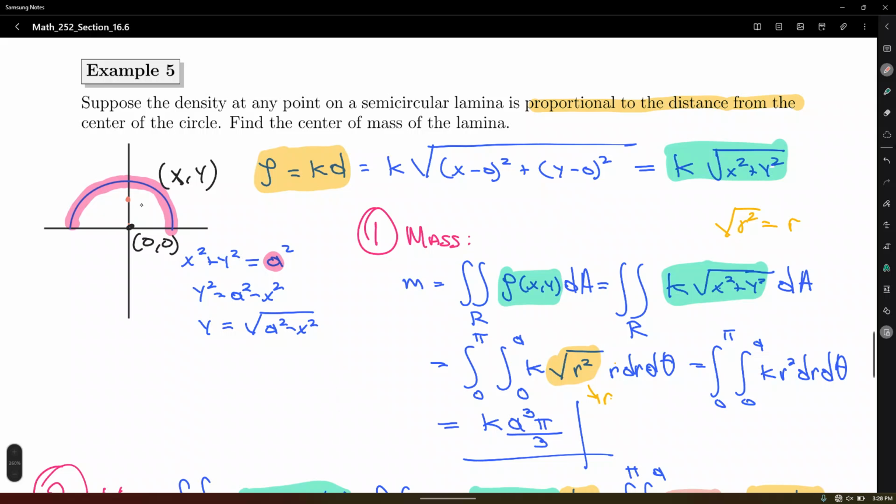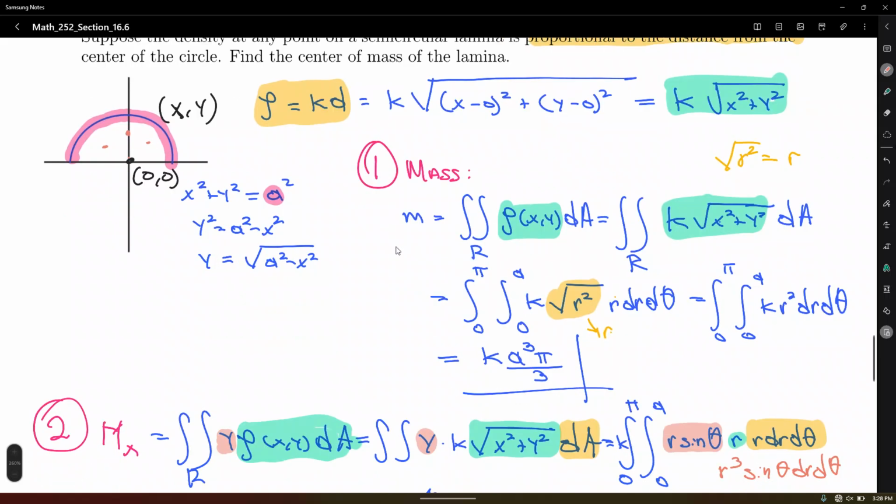However, what happens if x is either positive or negative? Well, that's going to go to the sides. That's because in this case it's the density function that tells us that as we increase the radius, it increases the density. All right, so that's the end of example number 5.